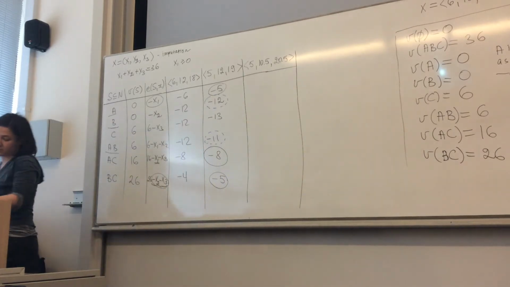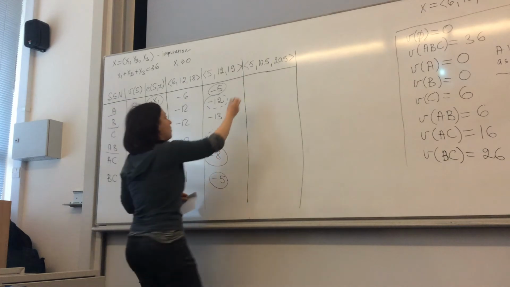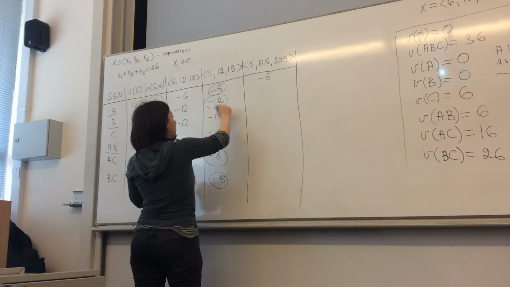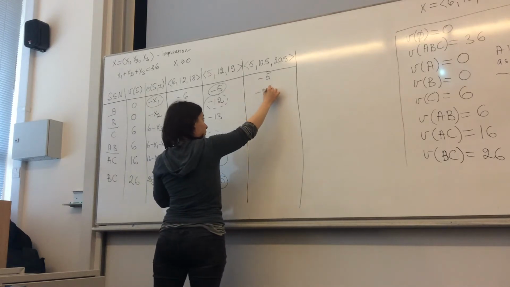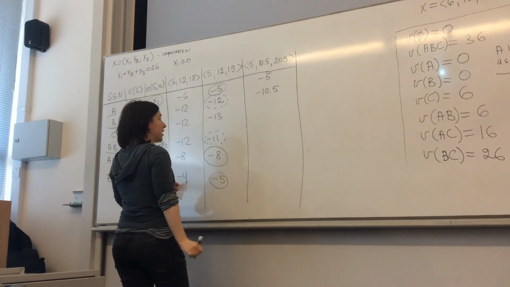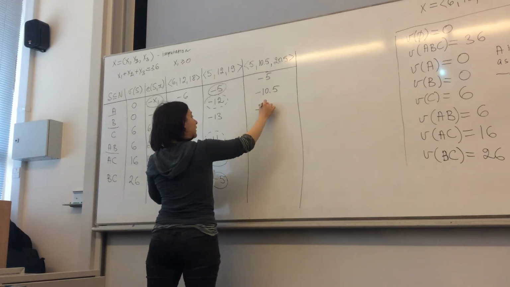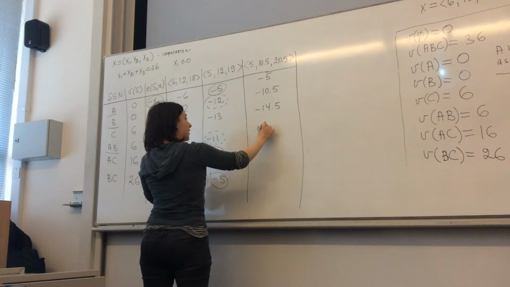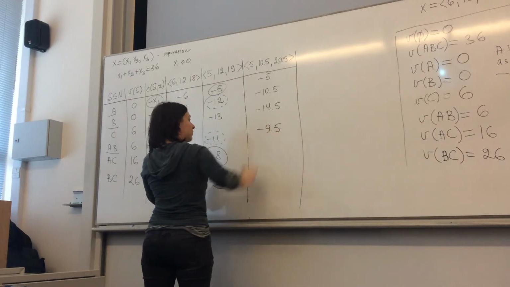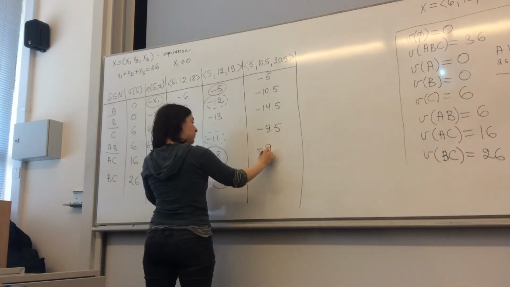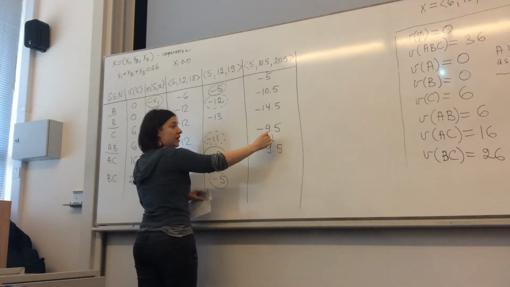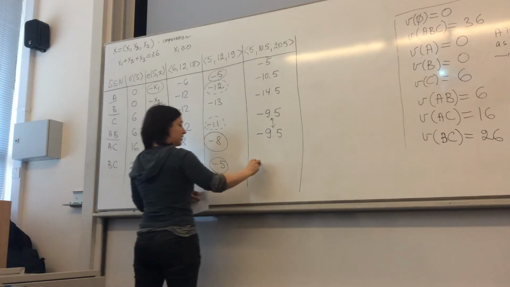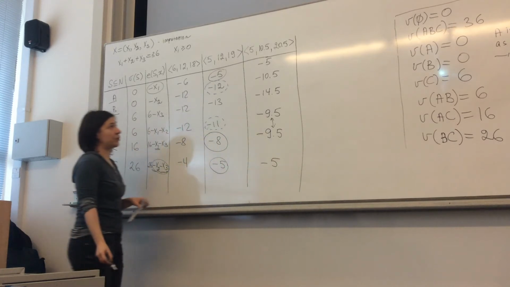And if we compare all the excesses, there will be -5, no change here. This one will increase by 1.5, the payment of agent B. This one will decrease by 1.5, the payment of agent C. Increase here by the same amount, decrease here by the same amount. These two guys meet now, they are the same. And this one as before.